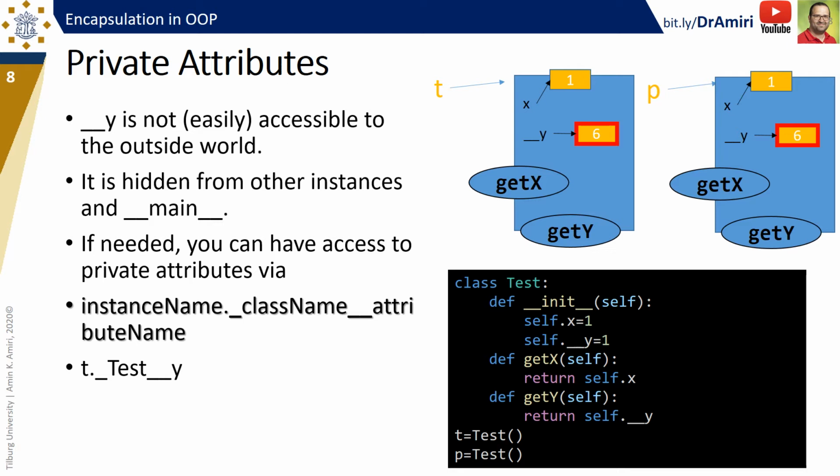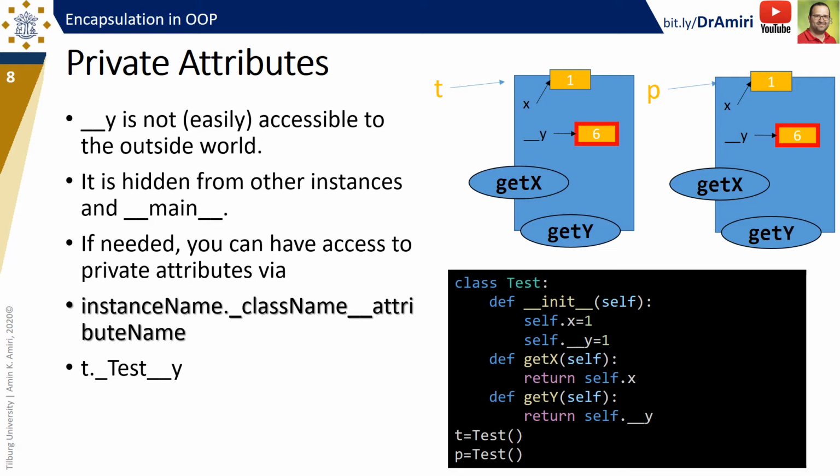You can see here we have two instances of the class test, T and P. T and P can have access to one another's X because X is a public attribute, but they do not have access to each other's private Y. In this case, as you can see, Y is placed inside the class, not on the border of the class, to show that this is a private attribute.